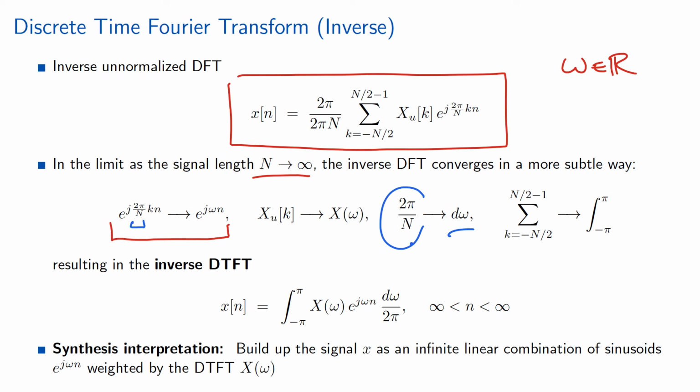And finally, this little bit of omega combined with this sum going from minus infinity to plus infinity, you can see, if you're familiar with calculus and Riemann integrals, looks a lot like, in a hand-wavy way, a Riemann integral, where the sum becomes an integral over minus pi to plus pi, and the 2 pi over N becomes a d omega.